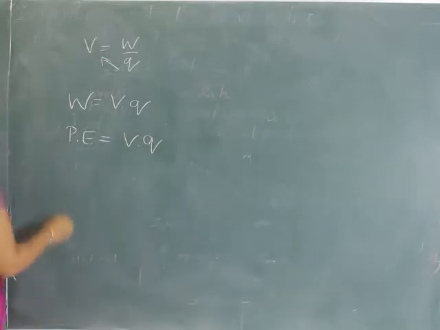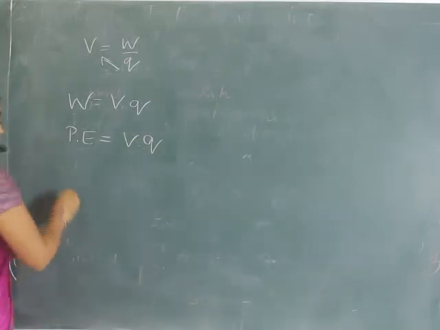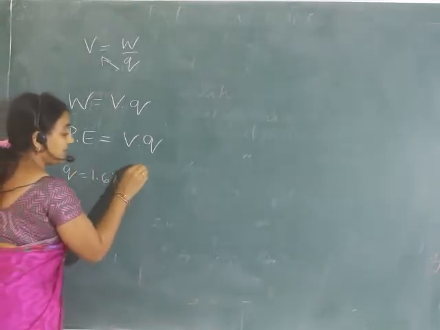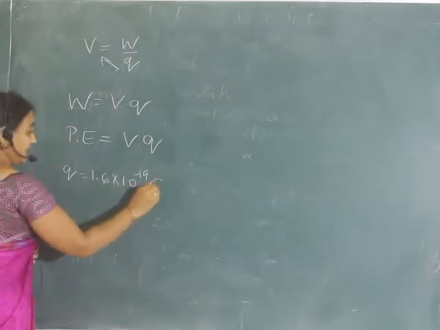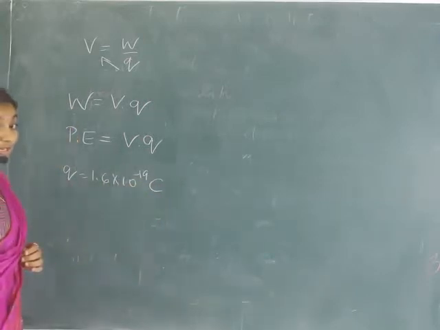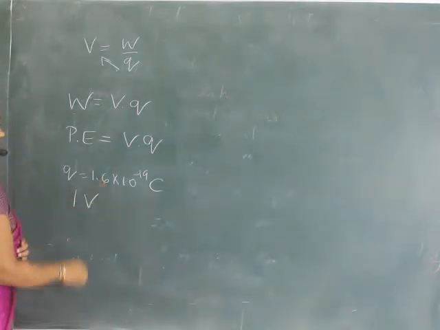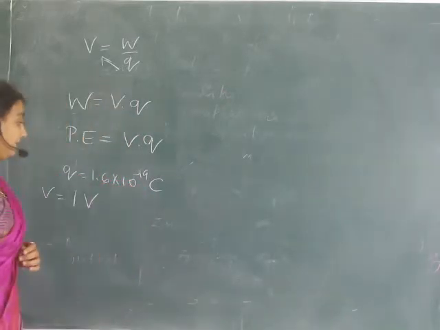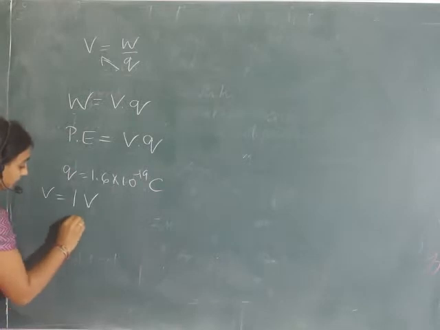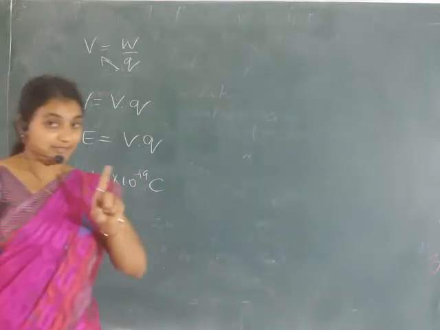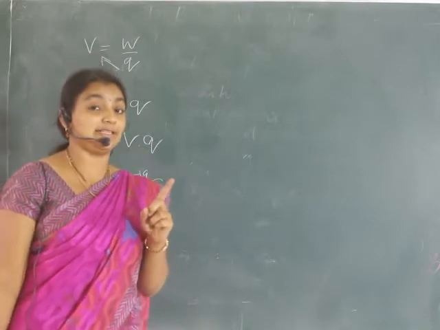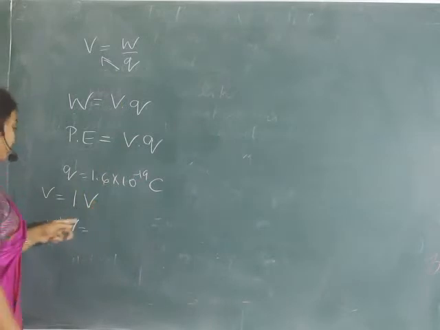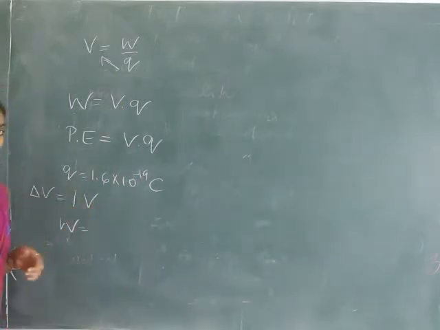If one electron of charge, what is the charge of the electron? 1.602 into 10 to the power minus 19 coulomb, is accelerated through a potential difference of 1 volt, then the work done is... If you want it as a difference, I can write it as delta V also.